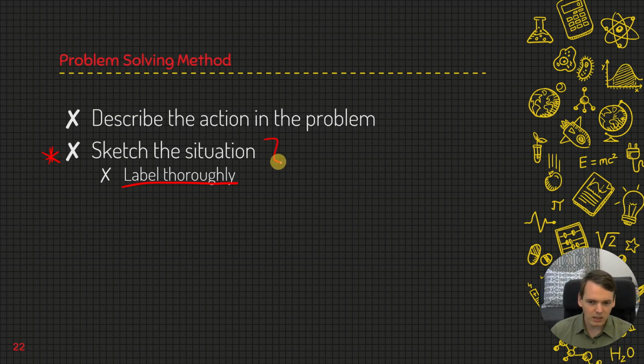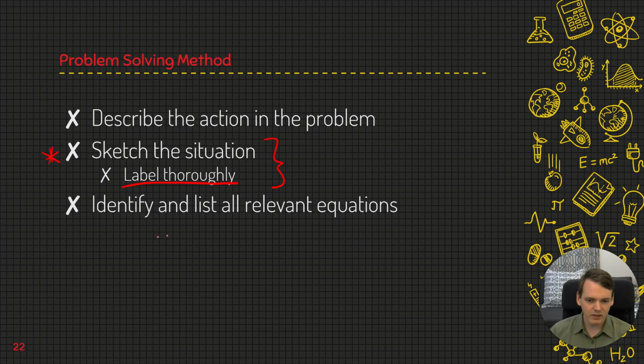This is basically one of the most useful strategies in solving physics problems because a good sketch should, in theory, be able to replace the entire text of a problem. Once you get good at looking at sketches, you know exactly what's happening and can solve a lot of problems that you wouldn't have been able to solve just from reading the text.